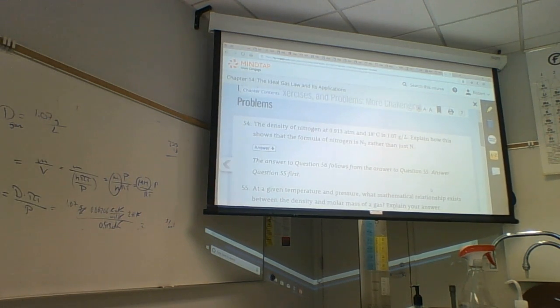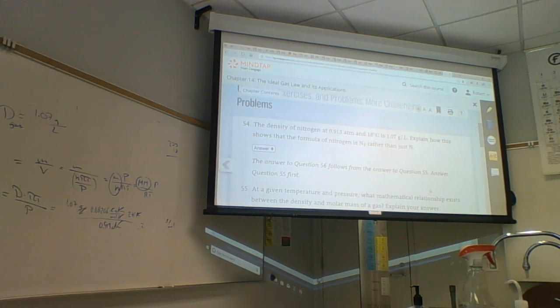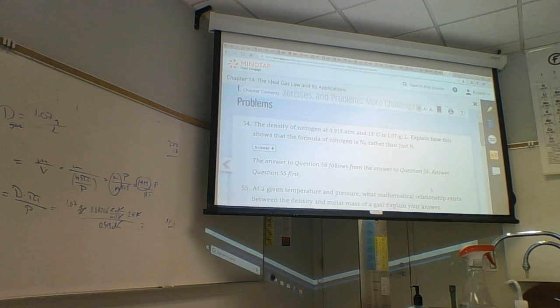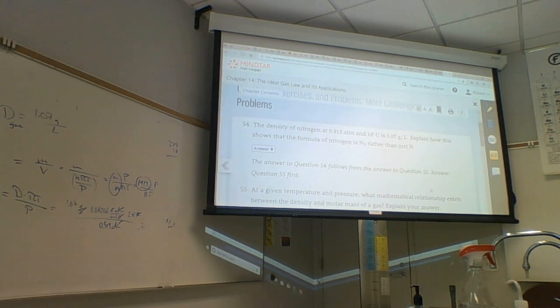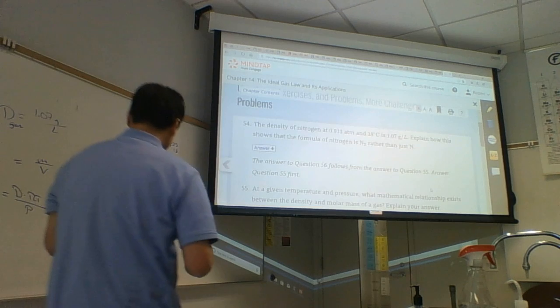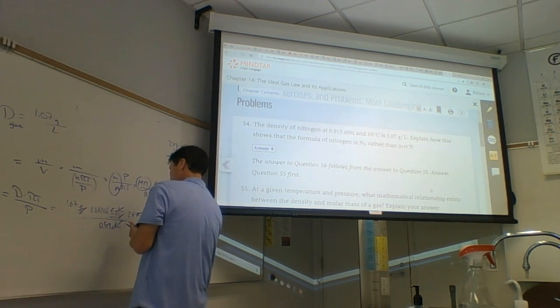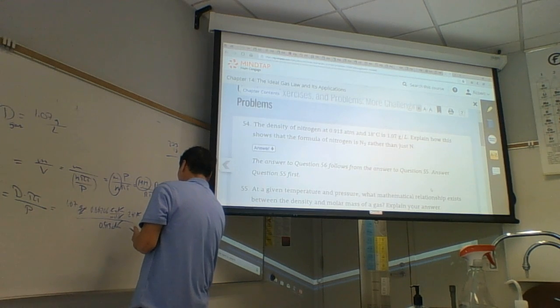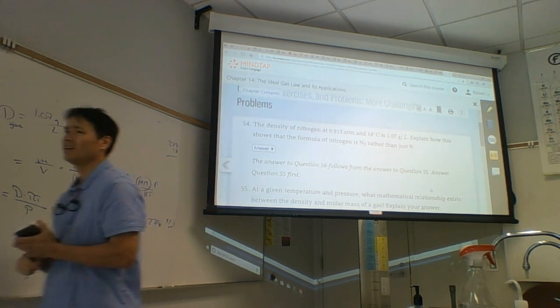It's going to be 1.07 times 0.08206 times 291 divided by 0.913, which gives us 27.98 grams per mole.